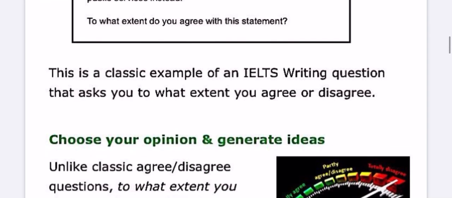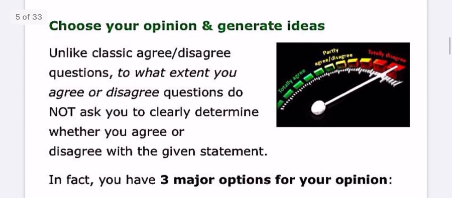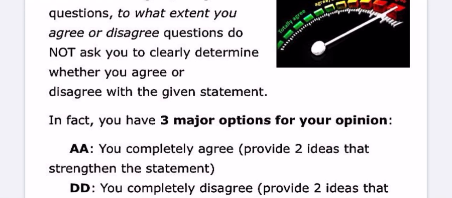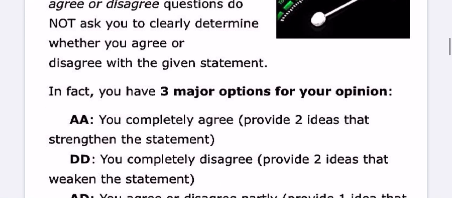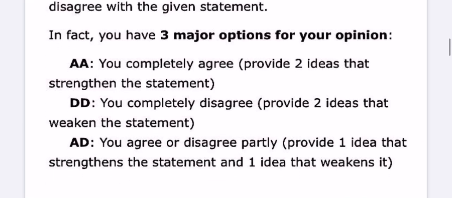This is a classic example of an IELTS writing question that asks you to what extent do you agree or disagree with it. Choose your opinion and generate ideas. Unlike classic agree or disagree questions, to what extent do you agree or disagree questions do not ask you to clearly determine whether you agree or disagree with the given statement. So you can either follow the completely agree pattern, completely disagree pattern, or partially.